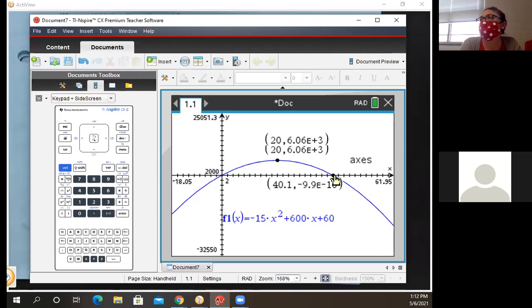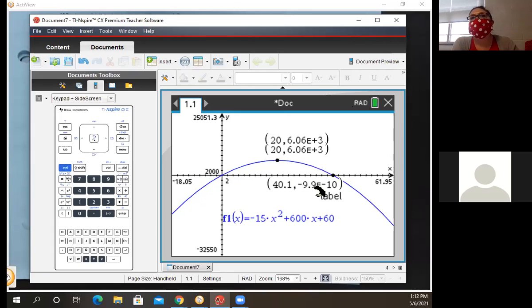I'm finding the right one. Our y-intercept for this is 60. I know that because we have standard form, and remember, standard form gives us the y-intercept. So my left side x-intercept would actually be negative since our y-intercept is a positive number. So I'm going to look at this right side x-intercept.